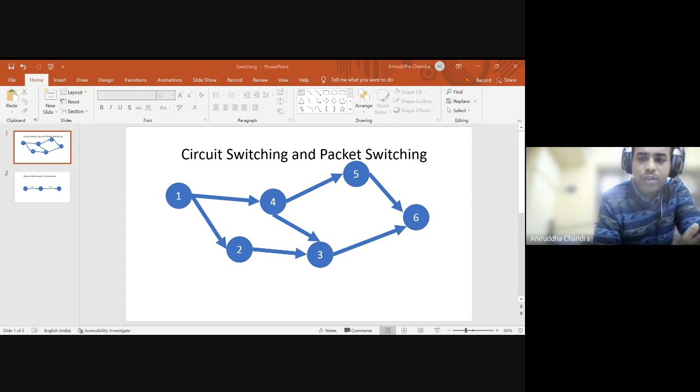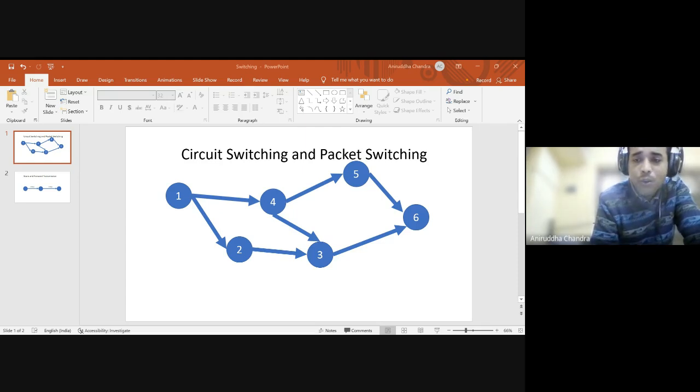Earlier, computer networks were solely dependent on telephone networks. So computer networks had to go by the switching method that the telephone networks used. But nowadays, computer networks have become so powerful and telephone networks have taken a backseat. Now, interestingly, there is no dedicated telephone network, and rather the telephone networks are trying to adapt themselves to the strategy of the computer networks.